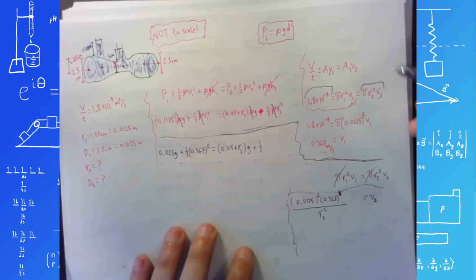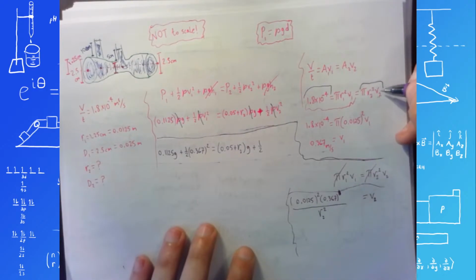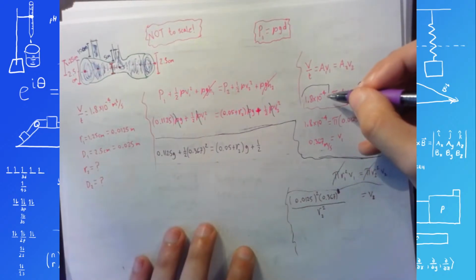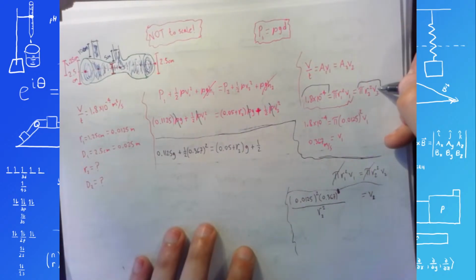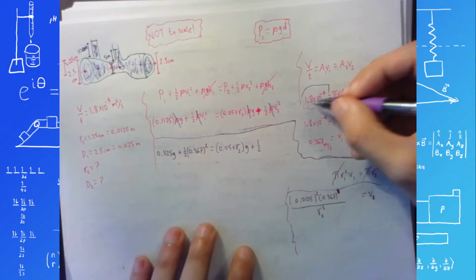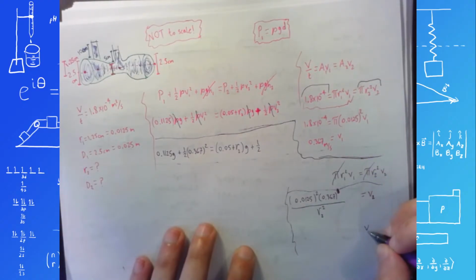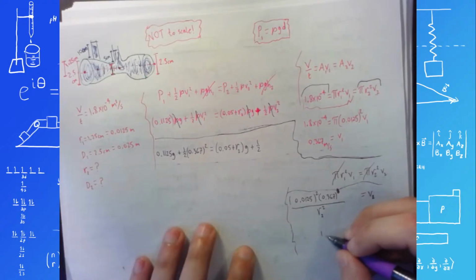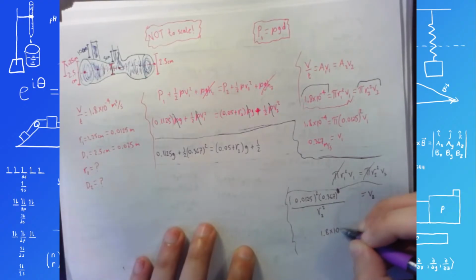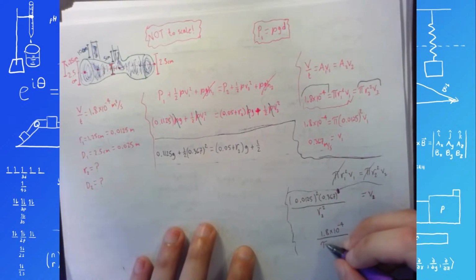Another expression we can substitute for V2 is we can say pi R2 squared V2 is equal to 1.8 times 10 to the negative 4, therefore V2 equals 1.8 times 10 to the negative 4 divided by pi R2 squared.